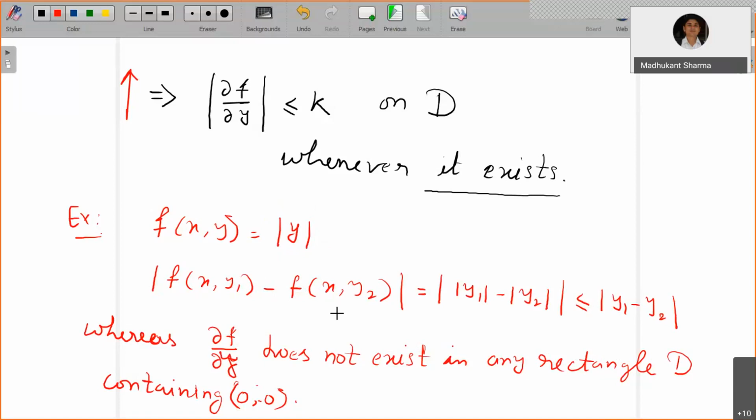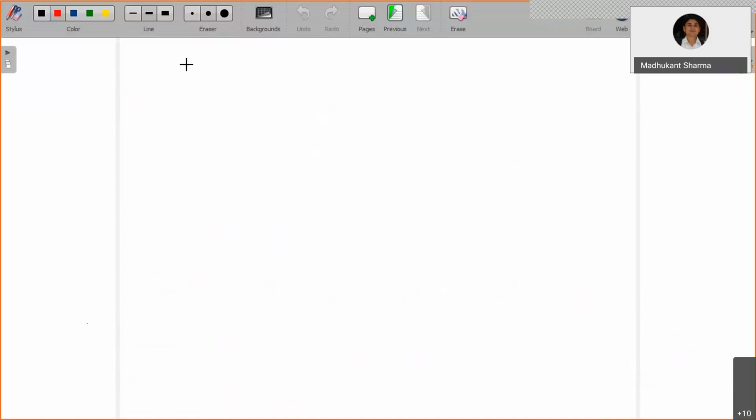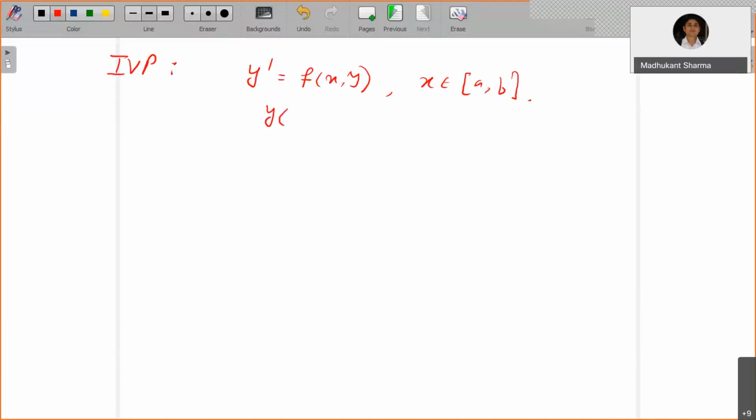Okay, now what is our main goal? The main goal is to approximate the solution for the IVP y dash equals f of x comma y, with x belonging to the closed interval a to b and y at a equal to y naught.